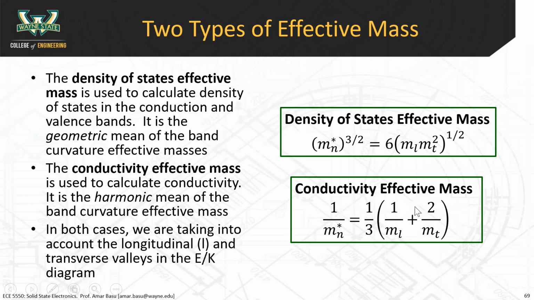The reason there's the number 2 here is because there are actually 2 band minima in the transverse direction, whereas there's only 1 band minima in the longitudinal direction. So there are 3 bands, and that's why you divide by 3. This is something called the harmonic mean.